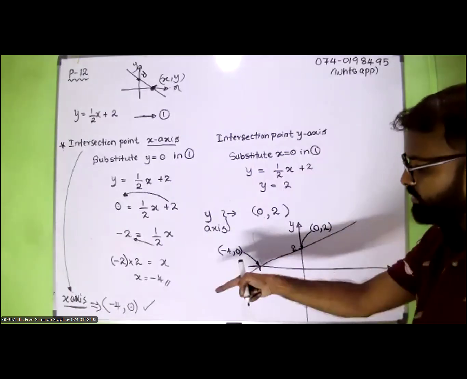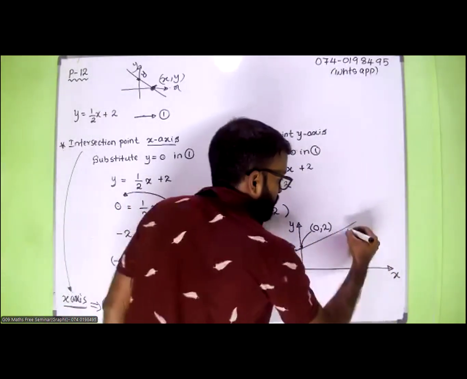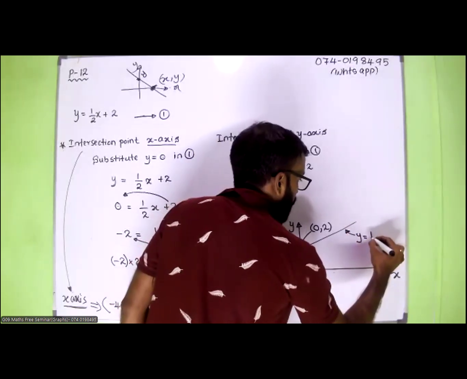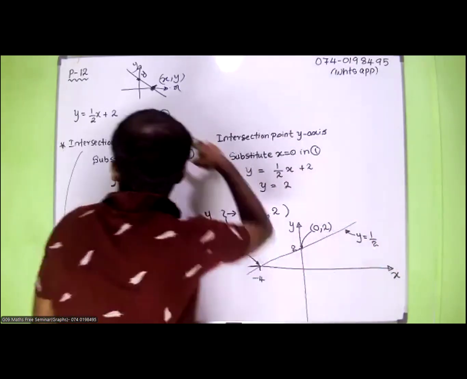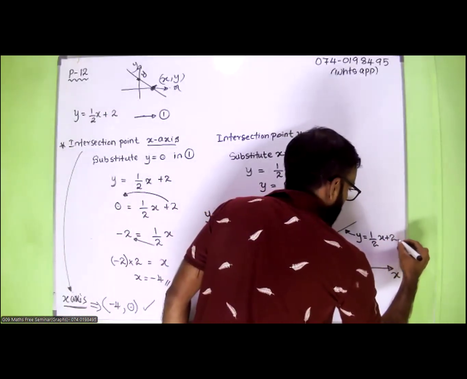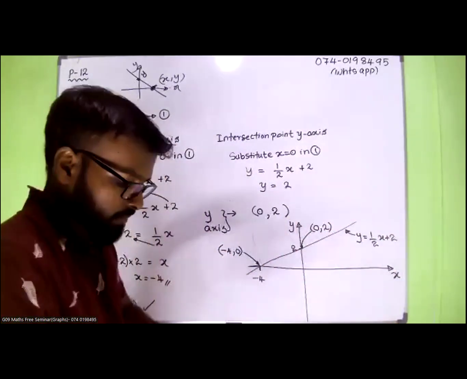Now this is your plot. This is your graph of that function, y equals 1 upon 2 x plus 2. So now you will get the complete mark for this one.